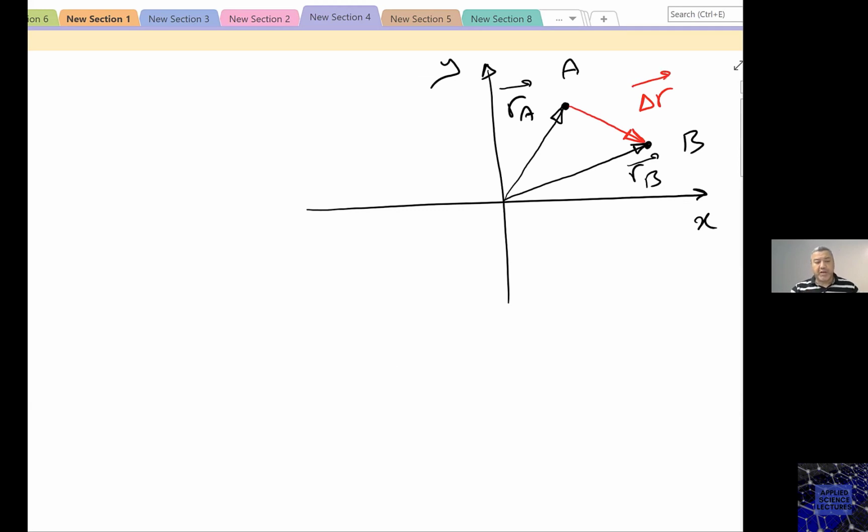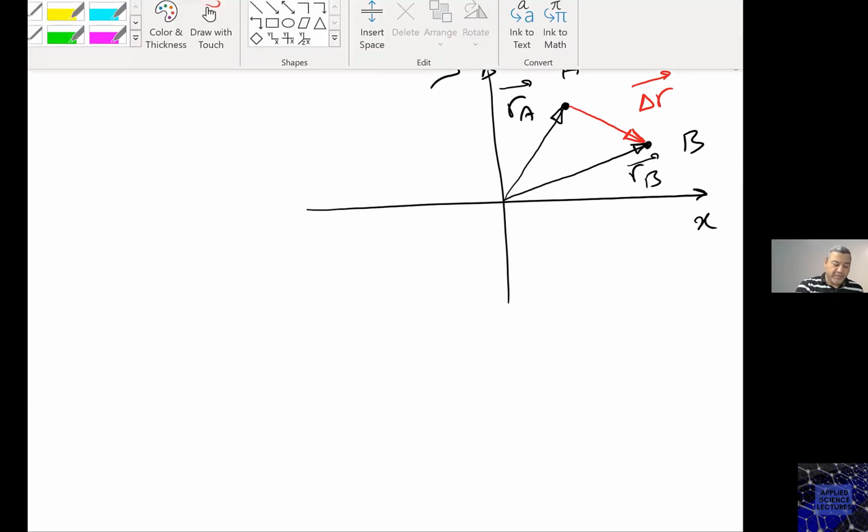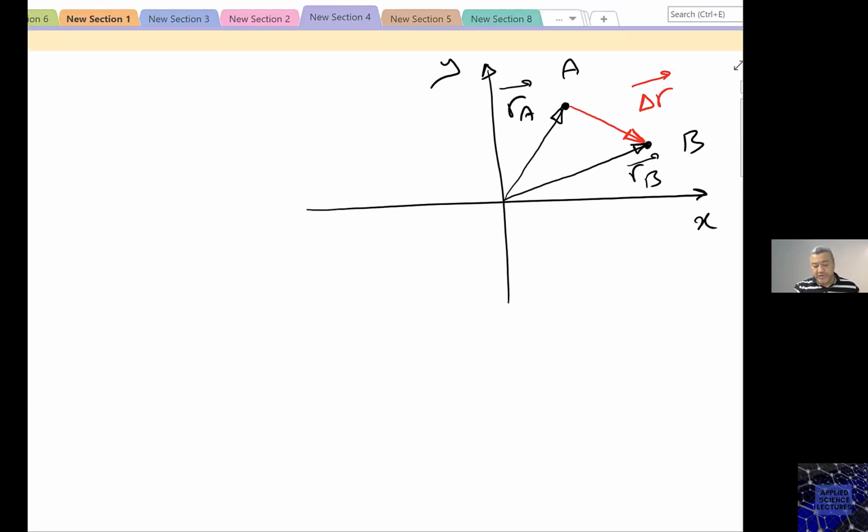So how do I calculate this delta R? Based on my understanding of the displacement, this delta R is indeed RB minus RA.